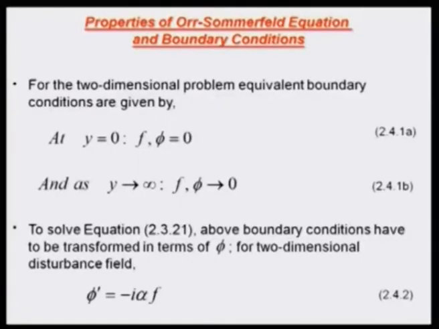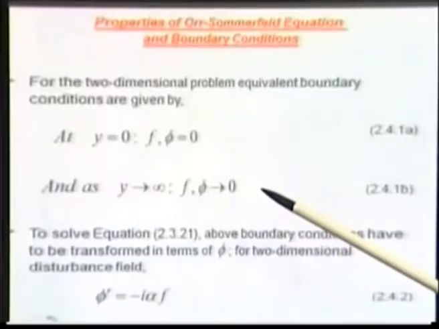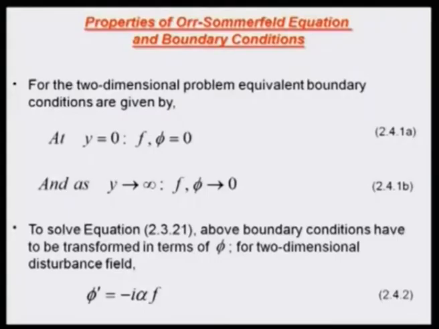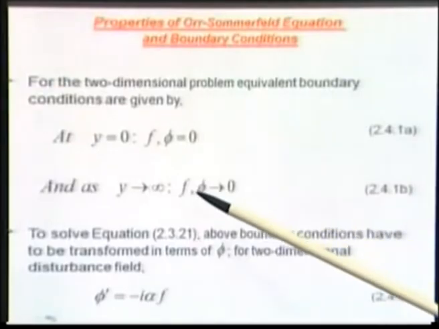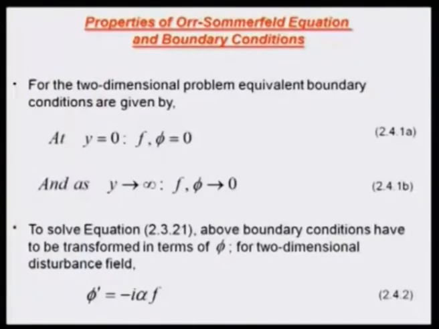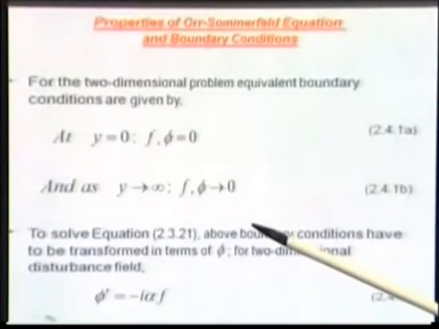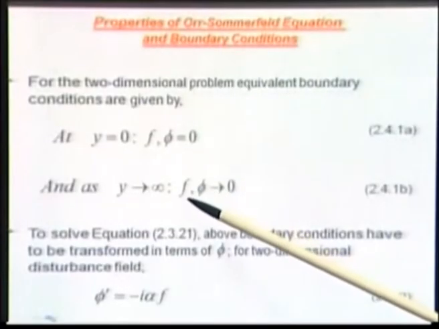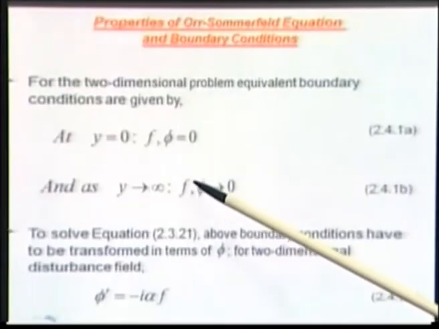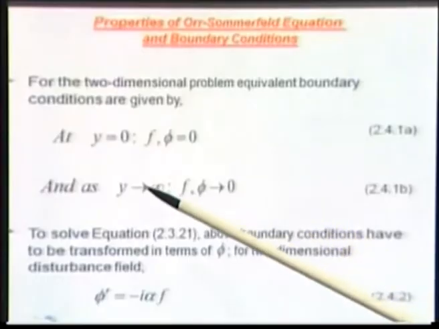Nonetheless, if we are creating a disturbance inside the boundary layer, and we go far away outside the boundary layer, then of course we would demand that those disturbance velocities decay. That relates to the Fourier-Laplace amplitude of the u component and the v component going to 0 as y goes to infinity.